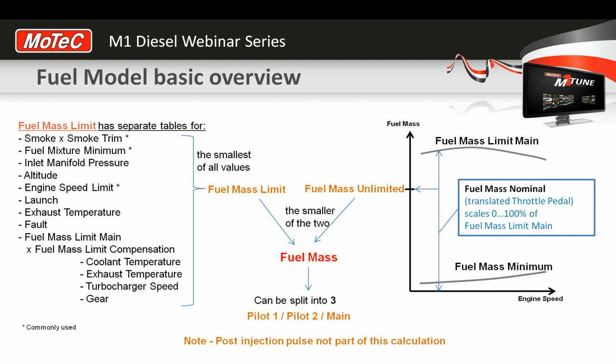So if you go forward and just think, I'm going to target lambda 1.2 to be my starting point, in most cases that I've ever struck, that should be virtually no smoke under normal conditions. If there's lots of smoke and your lambda is 1.2, then you've got probably a timing issue or some other issue. So you should be able to be at lambda 1.2, 1.25 and only maybe have a haze of smoke at worst.